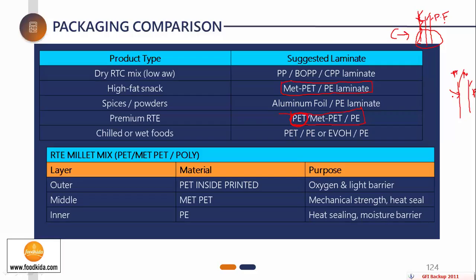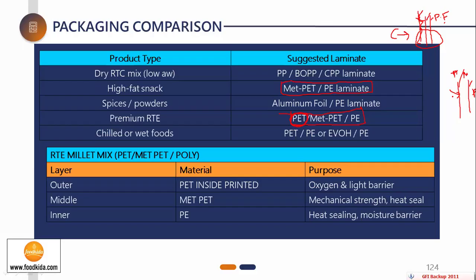It's a two ply, PET poly. That's it. There is no metallization, and most of the times they are opaque. So you see Ashirwad 5 kg or Sunday Chakki Fresh 5 kg, they all are opaque.